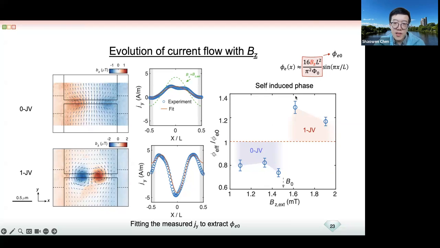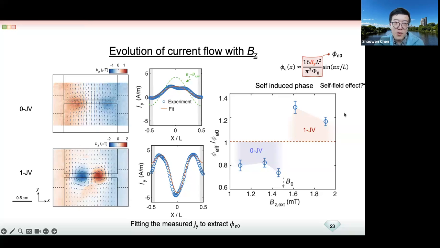So essentially what we have here is some kind of a self-induced phase because of either 0 or 1 Josephson vortex, right? And you may think, okay, this is because we have some current flow in the junction, so the current will generate a magnetic field, and that magnetic field will either add to or cancel the external field. And this is sort of what's being proposed mostly in the literature, which is the so-called self-field effect.